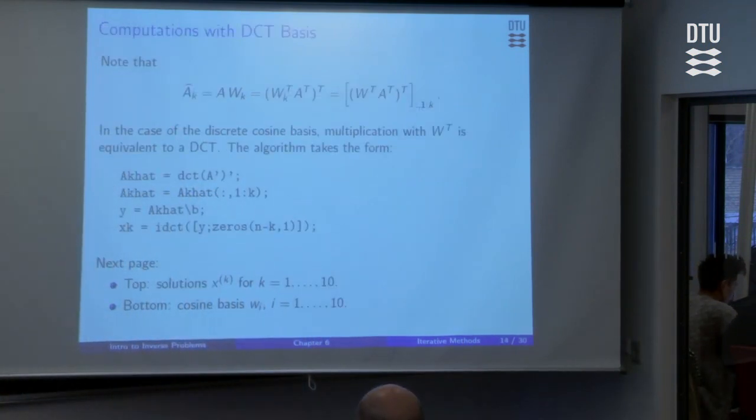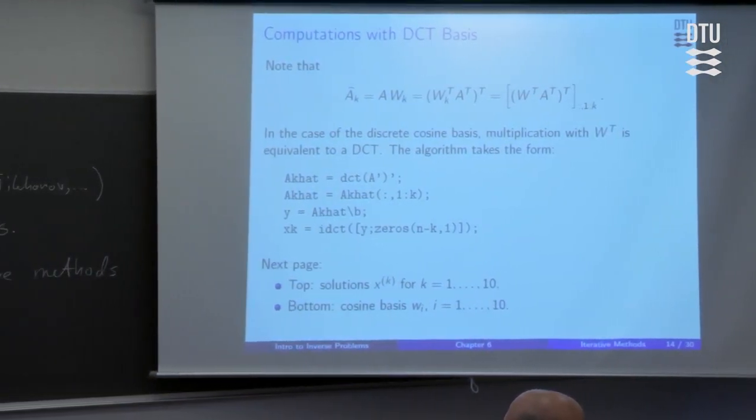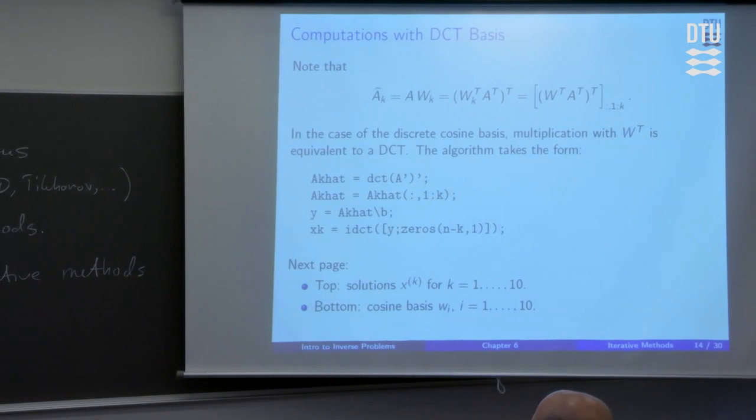So here's an example of that. We could choose the w vectors to be samples of the cosine functions. Then multiplication with W and its transpose corresponds to doing a discrete cosine transform and the inverse discrete cosine transform.